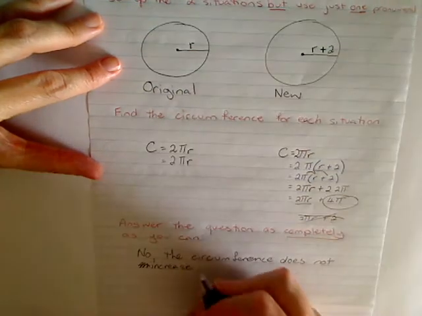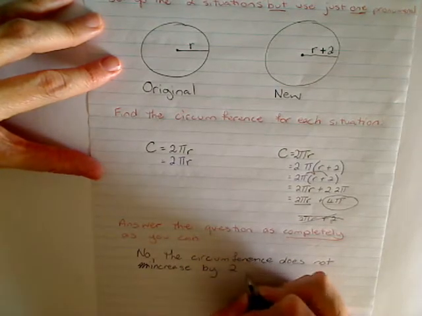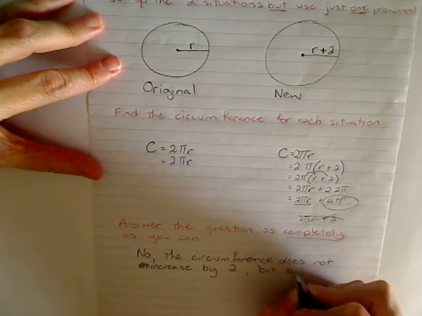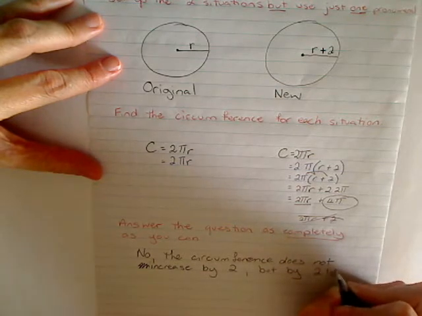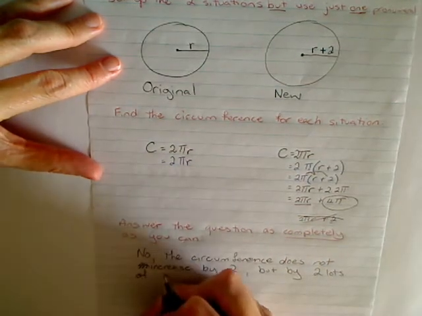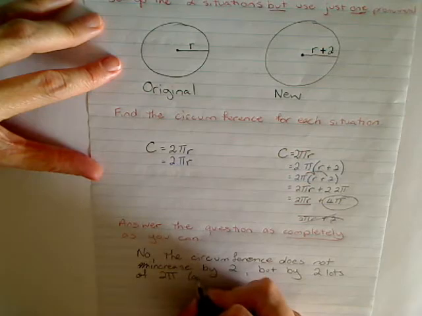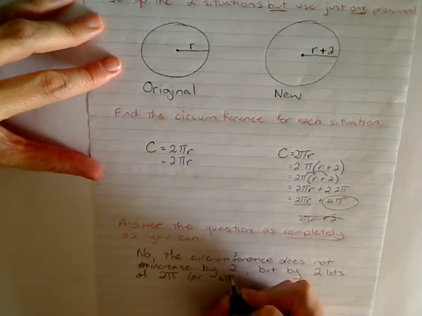Funny increase there. Increase by 2, but by 2 lots of 2 pi or 4 pi.